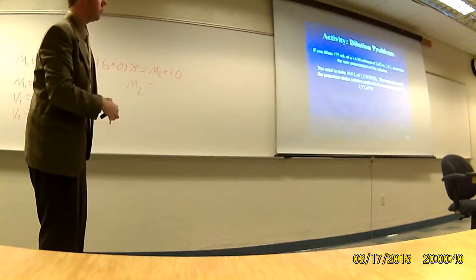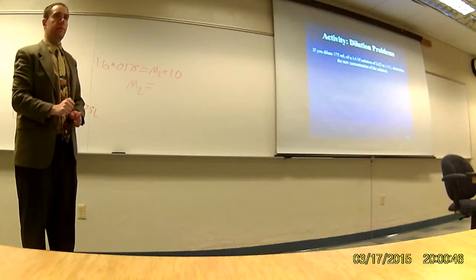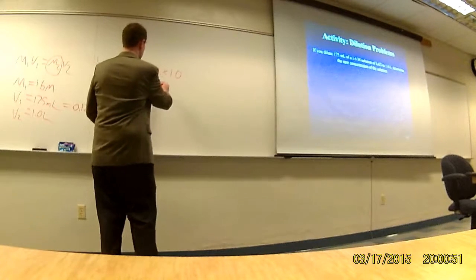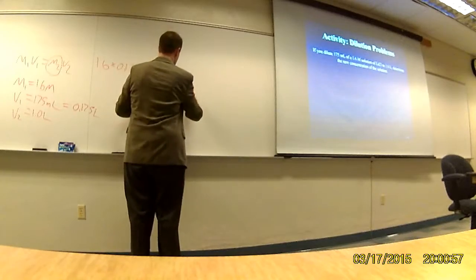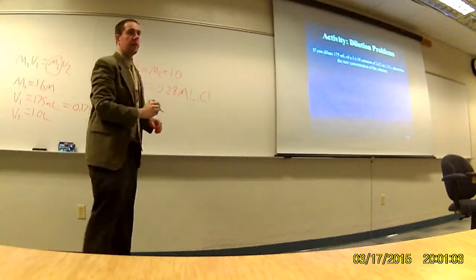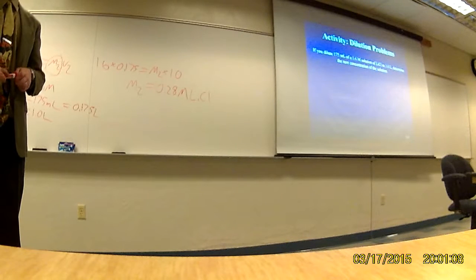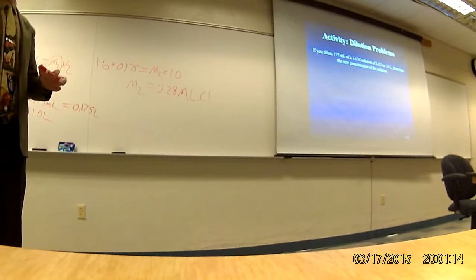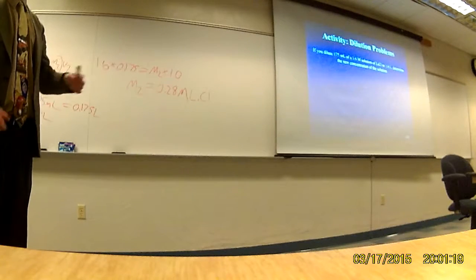M2 equals 0.28 molar lithium chloride. Not hard, right? Just like the gas laws, find the one variable you don't have, plug in all the other ones after you change the stupid units, and solve, do the easy algebra.